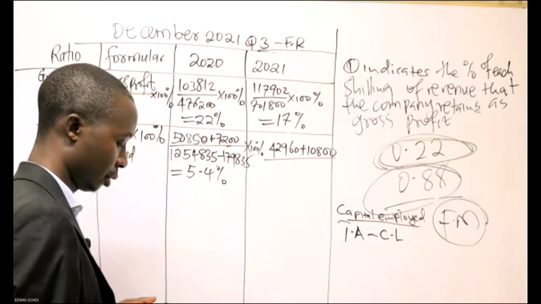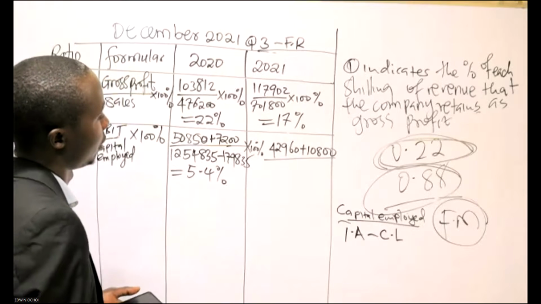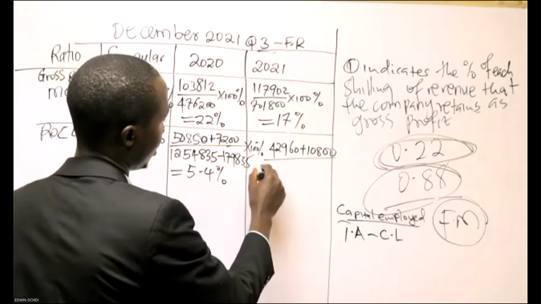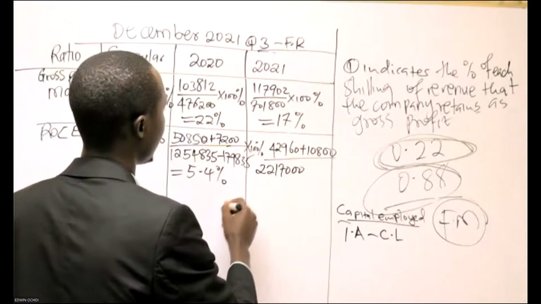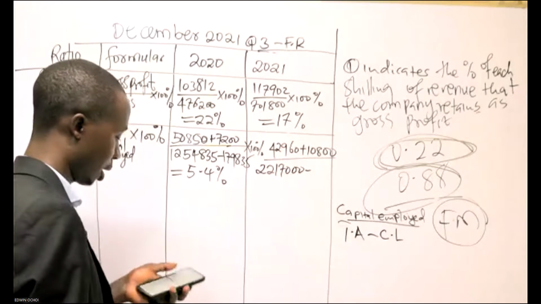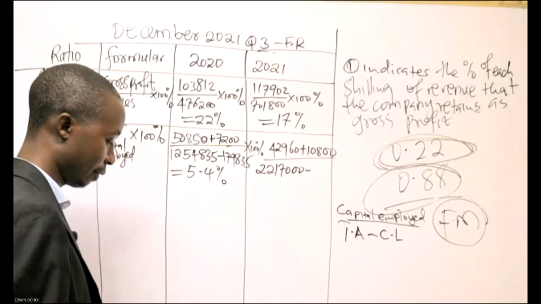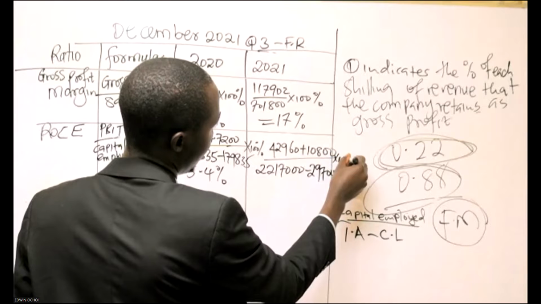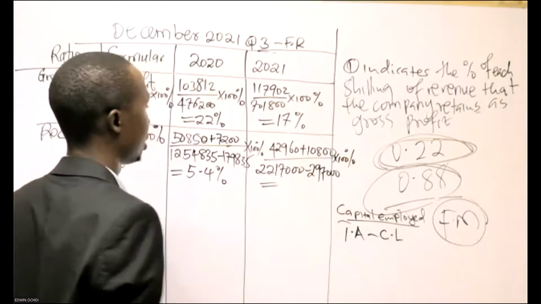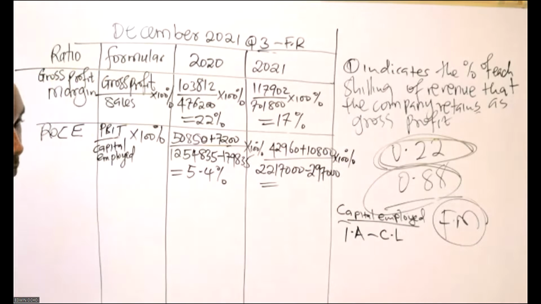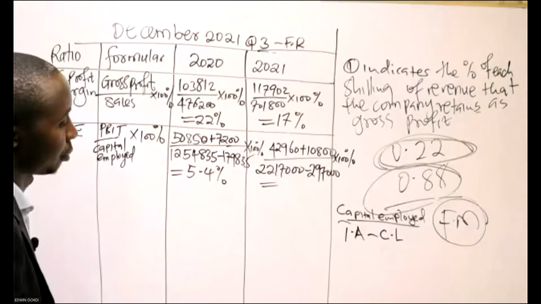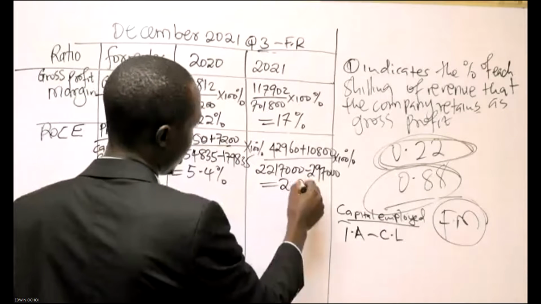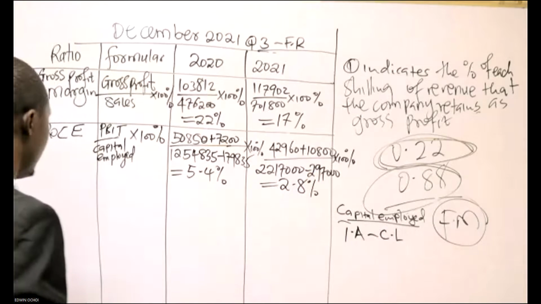What do you have? 17,000. You minus your current liabilities, 297, times 100%. What's the percentage there? 2.8%. A return on the capital employed.